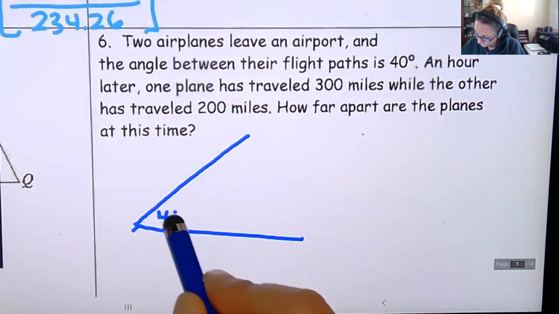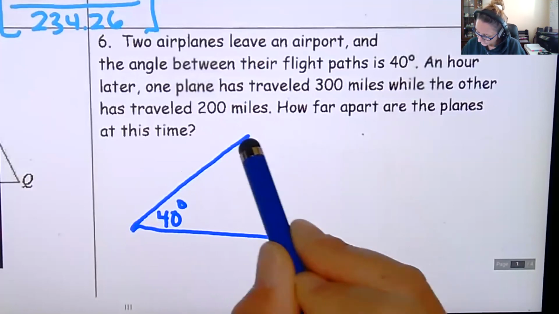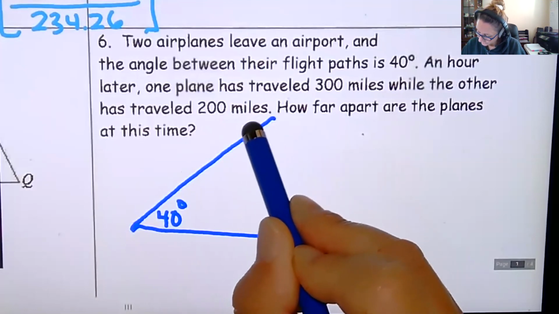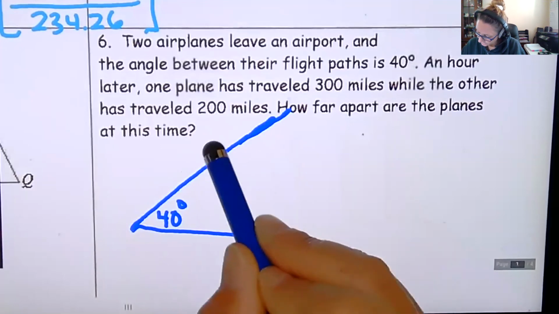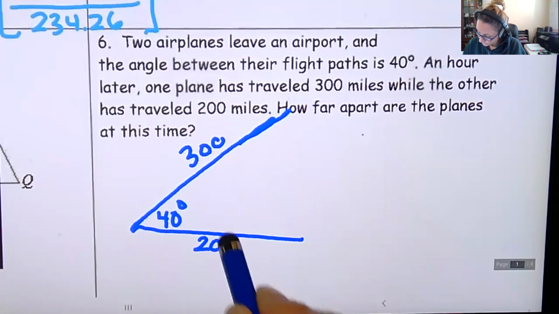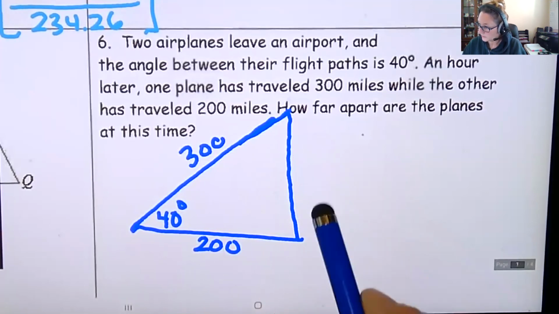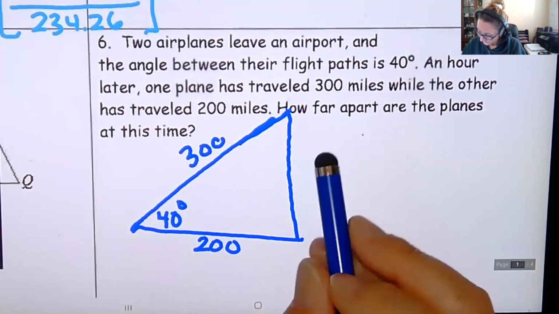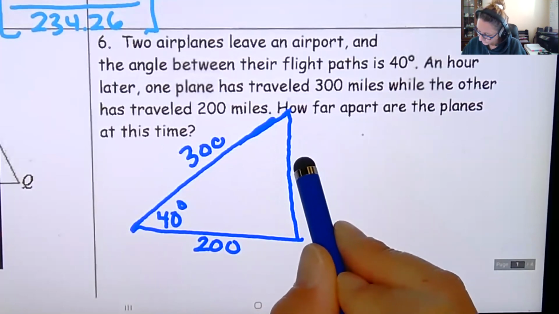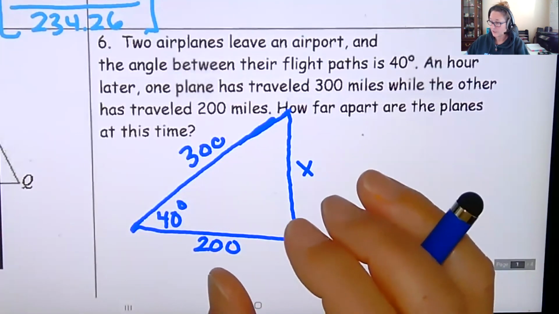This is 40 degrees, let's say, and one plane is traveling, let me make this a little longer to be more accurate. One is traveling 300, the other one's traveling 200. How far apart are they? This is what we're trying to find here, okay? And so this is going to be what I'm looking for.